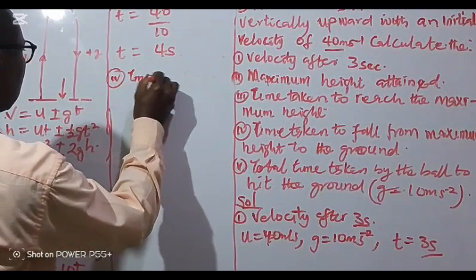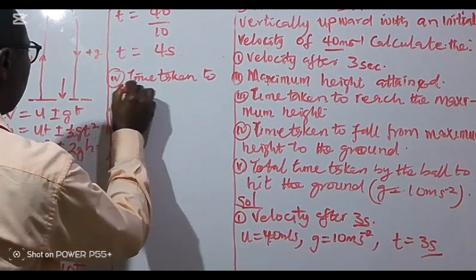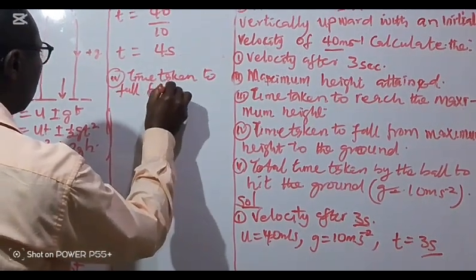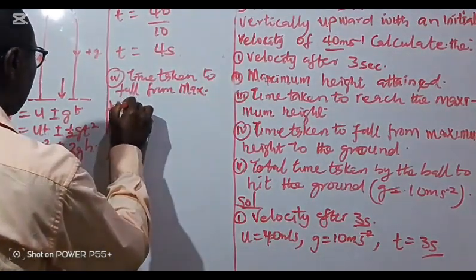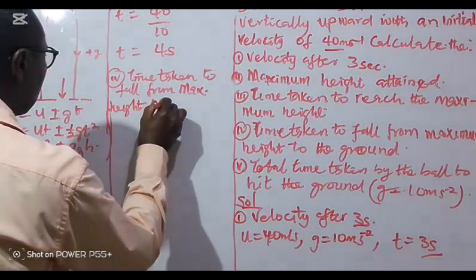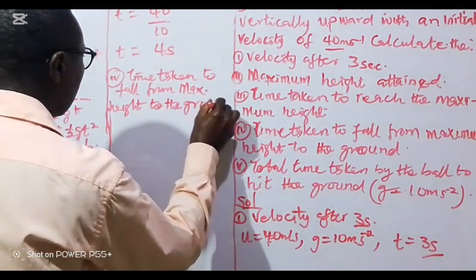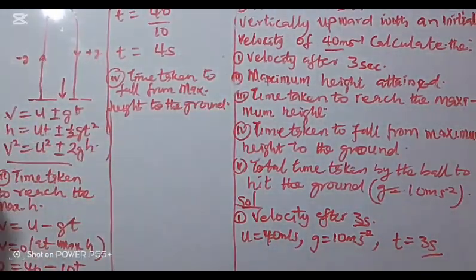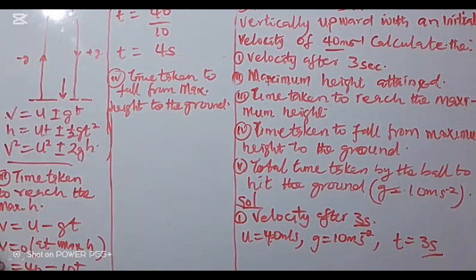Time taken to fall from maximum height to the ground. Let's come back to our equation again. Time taken for the ball to fall from maximum height to the ground.